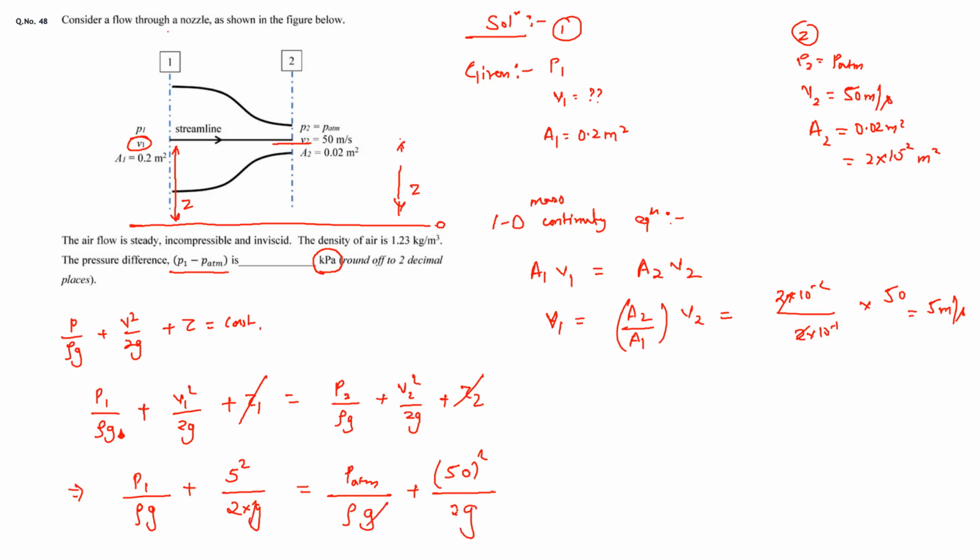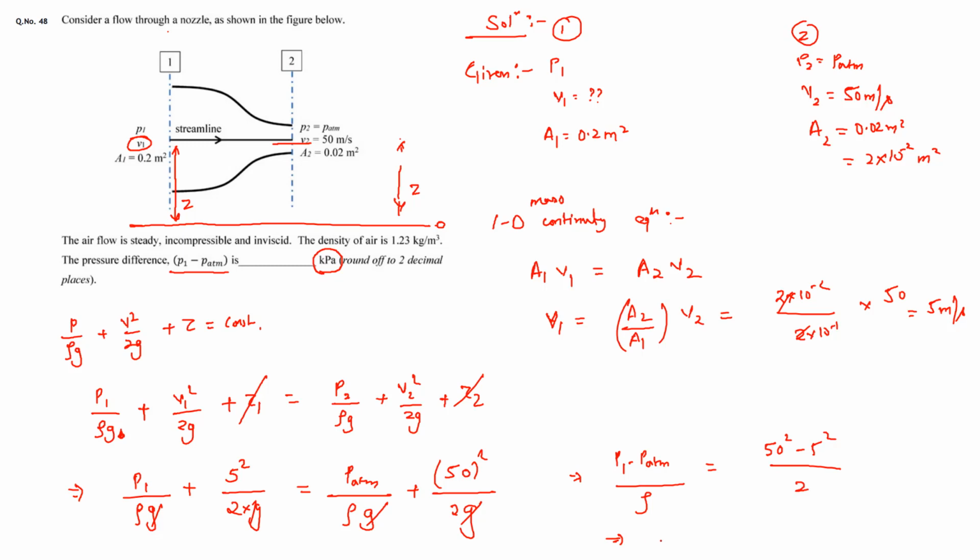So from the denominator we can cancel out G everywhere and just say that P1 minus P atmosphere, and there will be a rho at bottom, is equal to 50 square minus 5 square over 2.